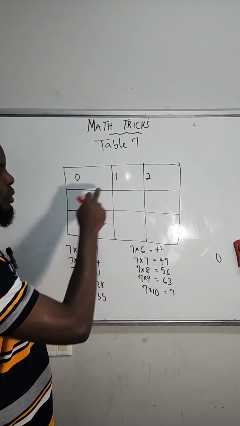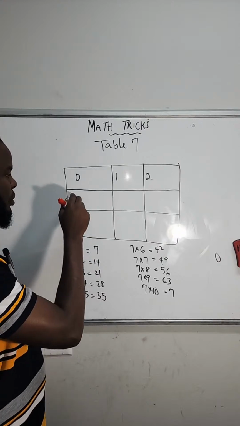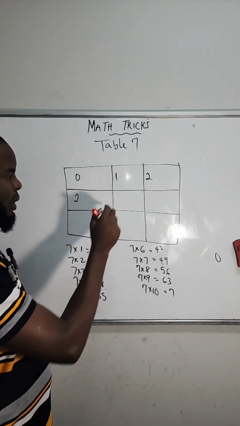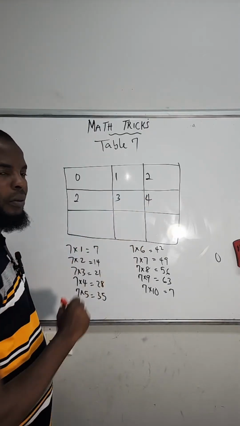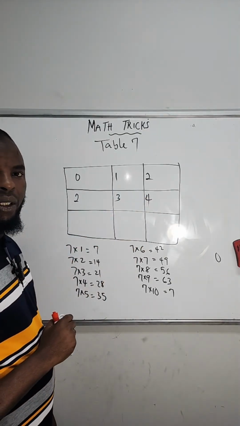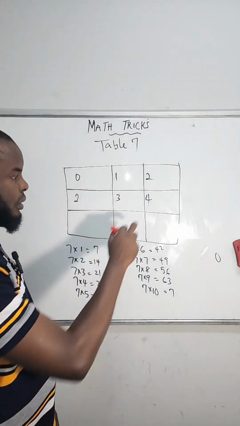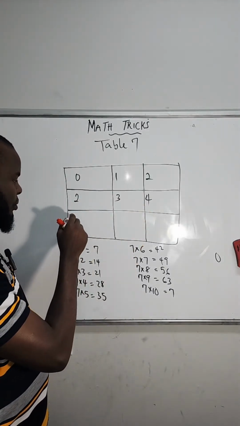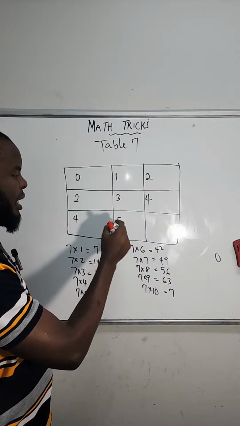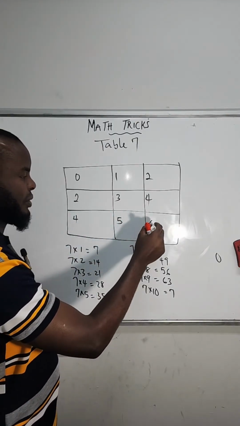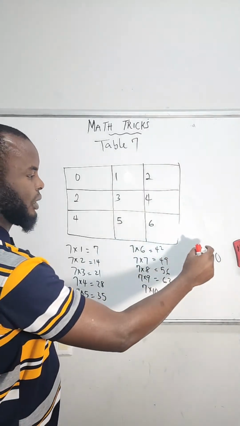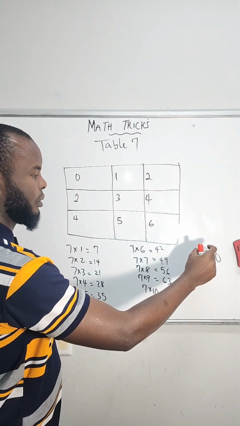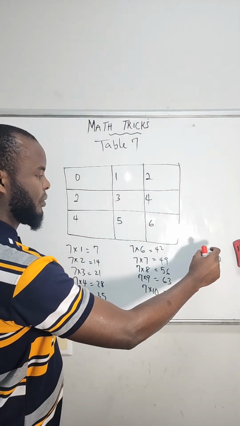This is 2. Here you start again with 2. Here we have 3. Here we have 4. We have 4, right? Start again with 4. Here we have 5. Here we have 6. And here we have what? Here we have 7.